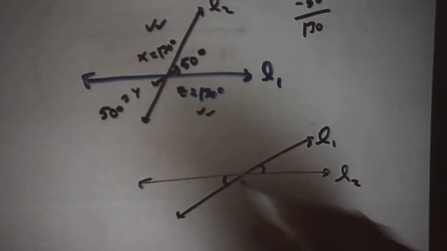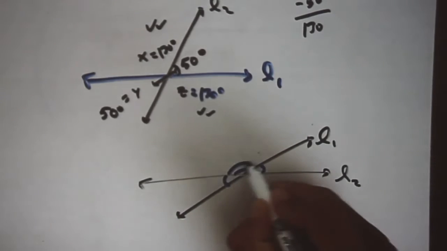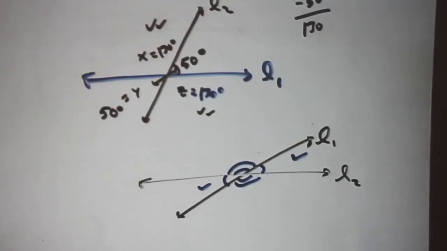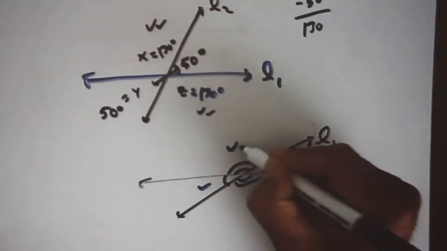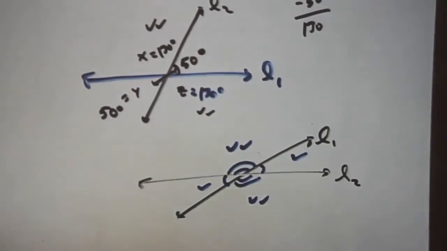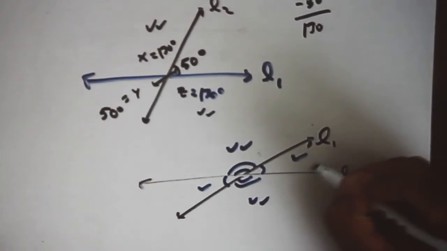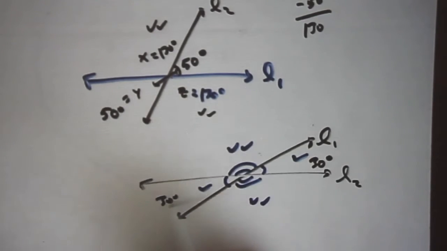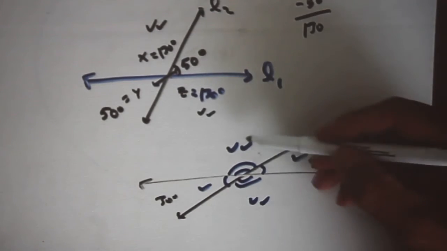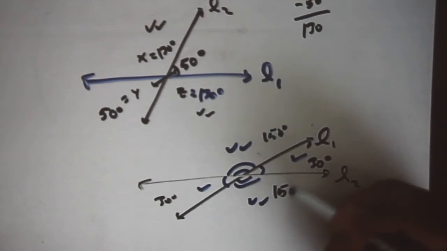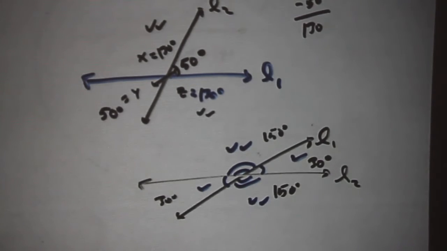And then this angle here, double, if you will, is equal to that angle there. So diagonally across are equal to each other, and then diagonally across they're equal to each other. So whatever the size of this angle is, let's say for the sake of discussion, this happens to be 30 degrees. That means this angle here is 30 degrees because they're vertical angles, and vertical angles are equal. If this angle here is 150 degrees, that means this angle over here is 150 degrees. Vertical angles are always equal to each other.